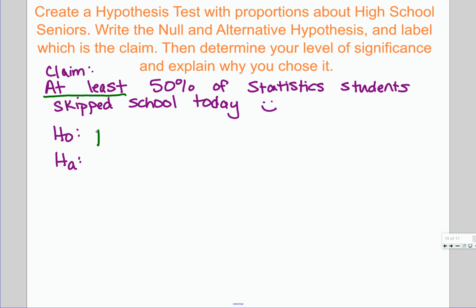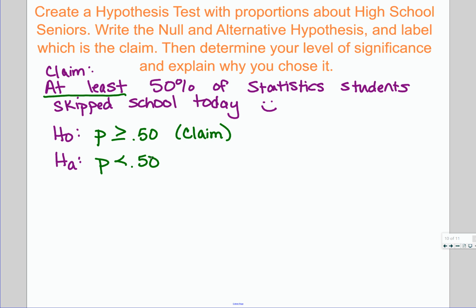Remember, the null always has the statement of equality. And at least, would it be less than or equal to or greater than or equal to? Be greater than or equal to 0.50, and that's the claim. Okay, and then the alternative, would that then be less than 50% of statistics students skip school today? Okay.